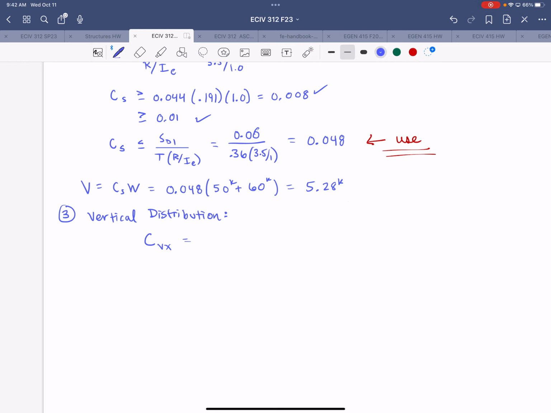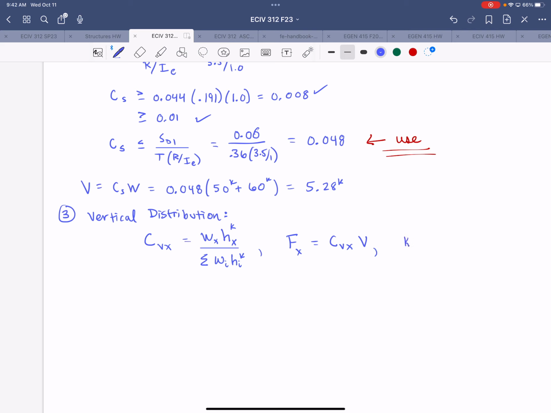All right, so it's got to be calculated once per each level above the ground, and that formula is the weight of that level under consideration times the height of that level from the base, raised to an exponent k, divided by the summation of that product for each level above the base. And then the lateral force is equal to CVX times V for each level.